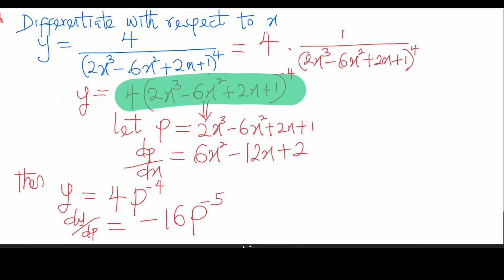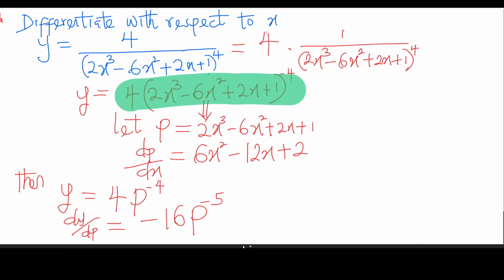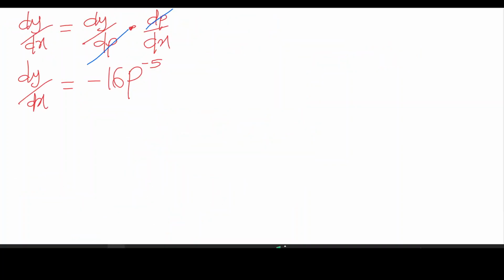Then multiply by the dp/dx. And what is the dp/dx? We have gotten the dp/dx here. That's 6x squared minus 12x plus 2. So we're going to be writing it, multiplying 6x squared minus 12x plus 2.